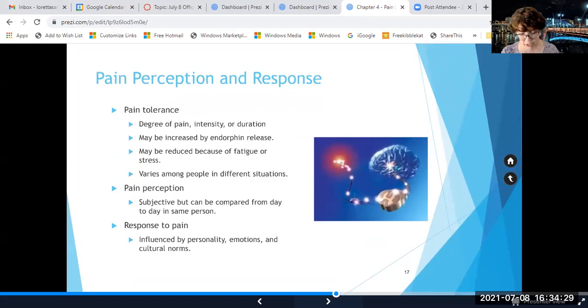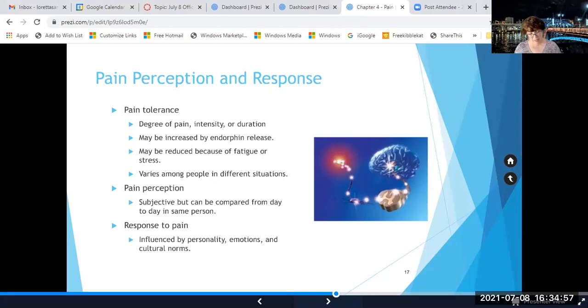Pain perception and response varies from person to person. So pain tolerance is the degree of pain, either its intensity or its duration, that's endured before an individual perceives it as pain or takes some action. Like you might say, oh, that kind of hurts, but not enough for me to do anything about it.